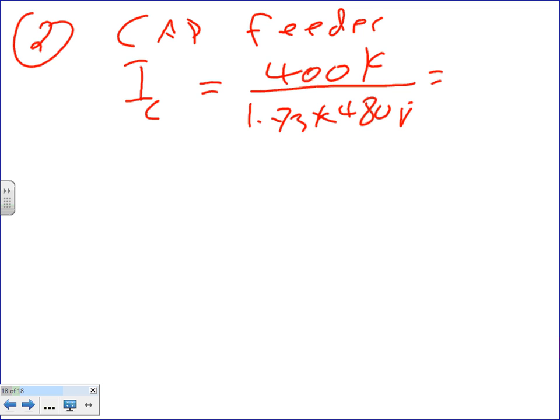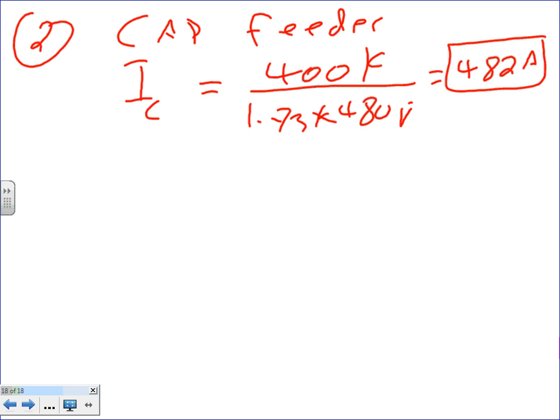So what's the current for this baby? If you do the math, this will get you 482 amps. That's how much current this capacitor is going to be contributing in kVAR to the system, so I need the conductors to be able to handle this.